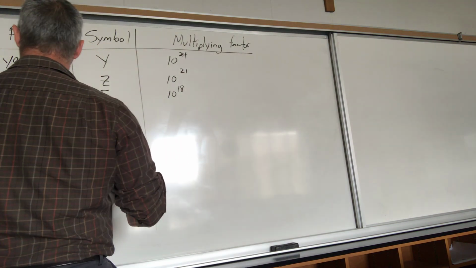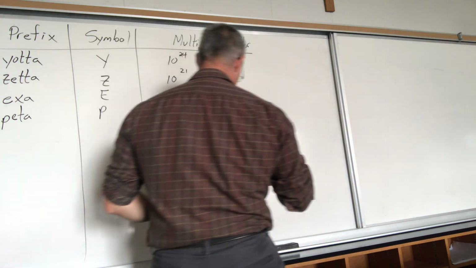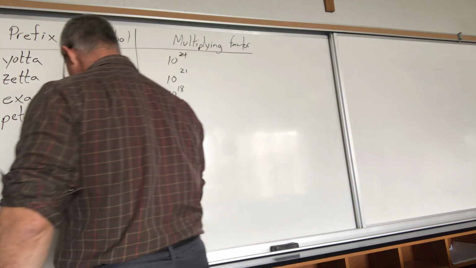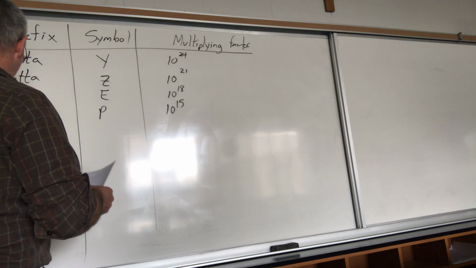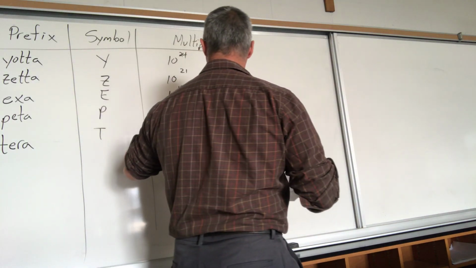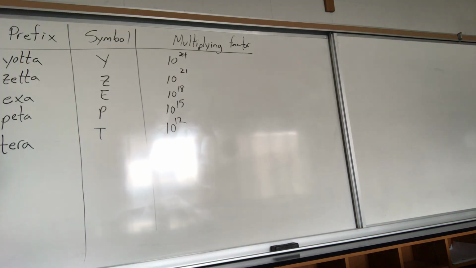Peta is capital P, and it means 10 to the power of 15, or quadrillion times. Tera, capital T, it means 10 to the 12 or a trillion times. So if you had a trillion bulls running in the street, you could say it was a terrible.